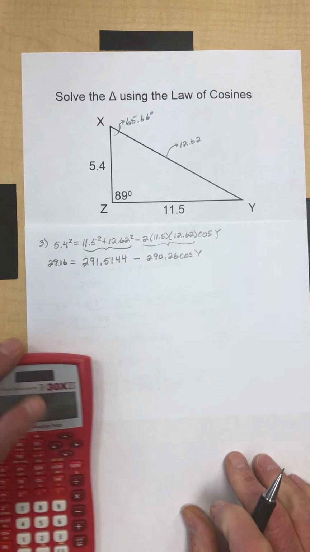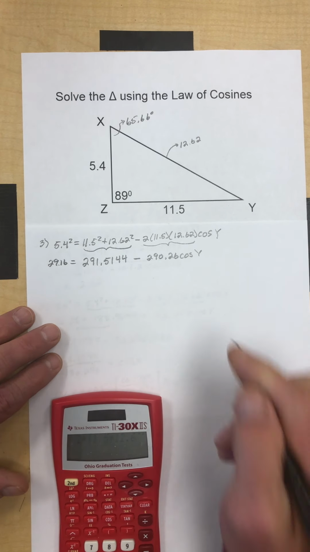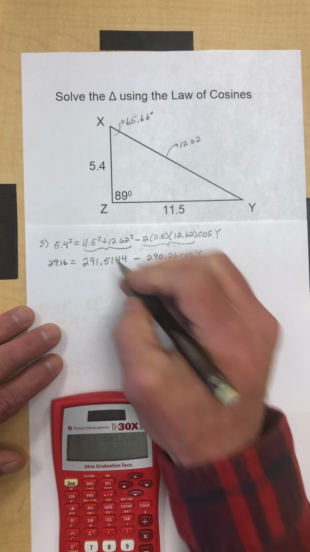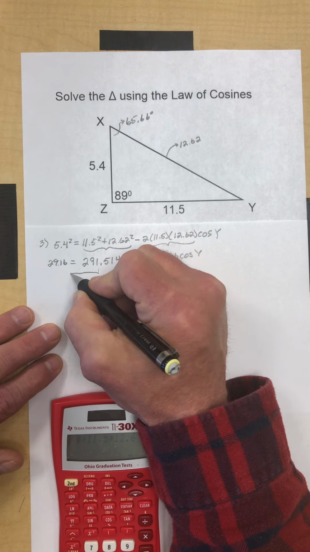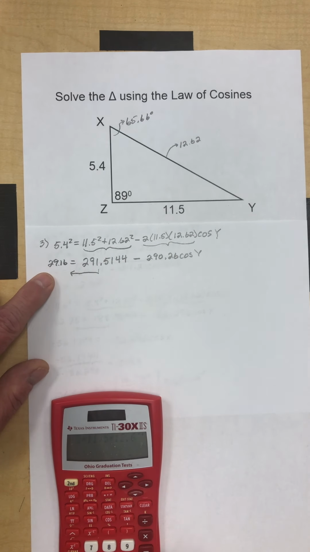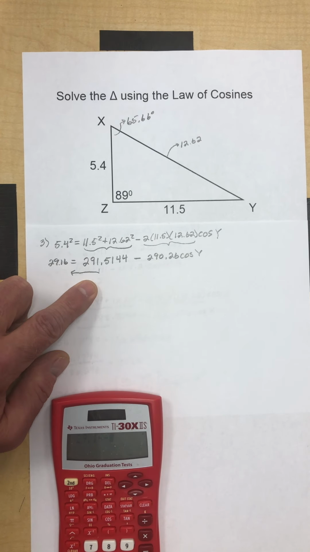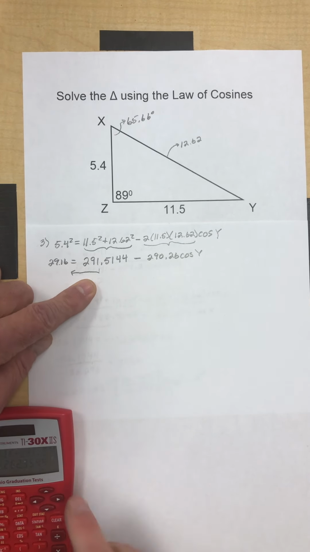Okay, so let's see. What am I going to have to do? I got to get cosine of angle y isolated, so I got to subtract this guy from both sides. Okay, so I go 29.16 minus 291.5144. And obviously it's going to be negative.